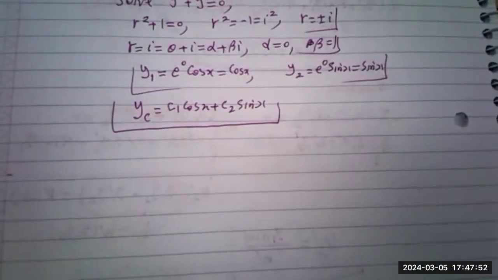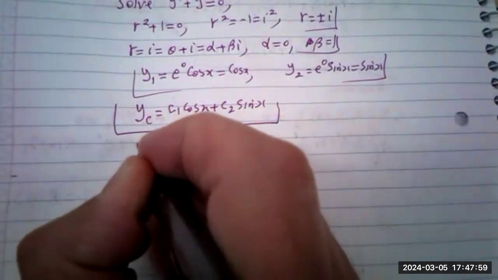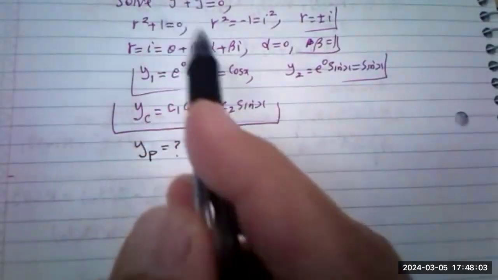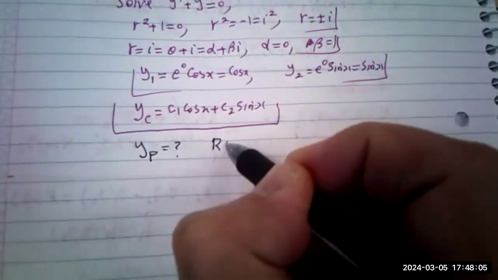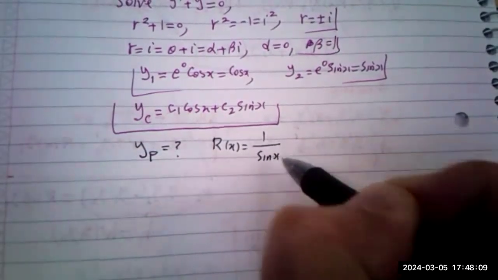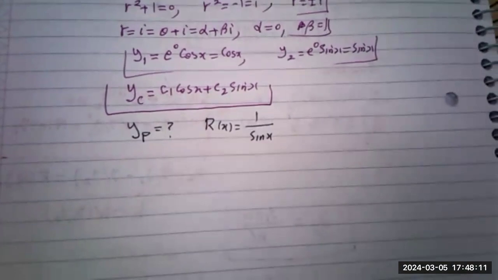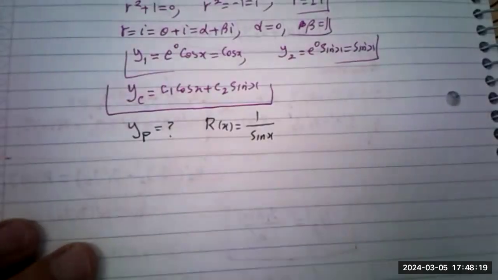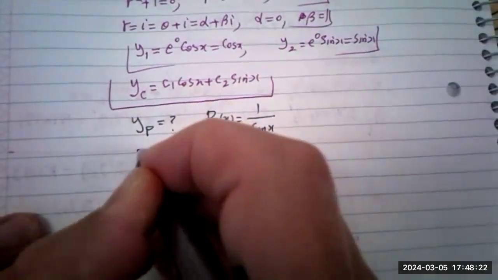Any question? For the rest, you have to find the YP. We check the YP. The coefficients are constant, but R of x is not in those 3 categories that we have. Remember, exponential, trigonometric sine or cosine, or a polynomial. So you realize that the variation of parameters method must be applied.